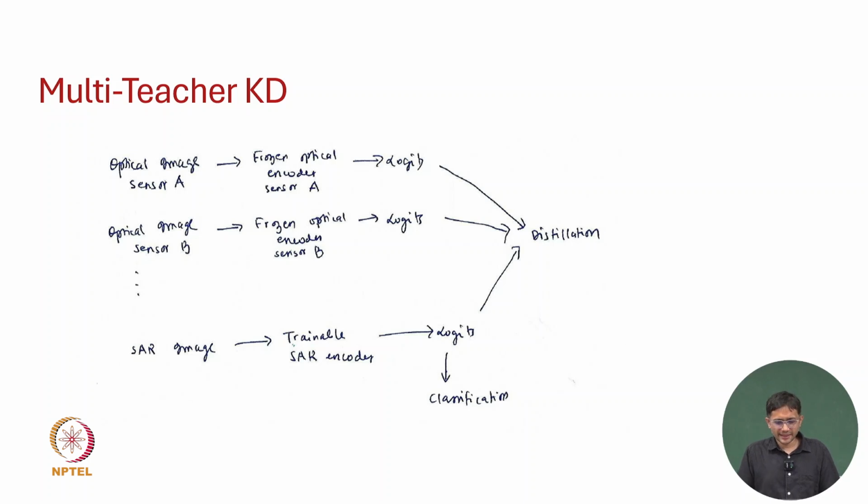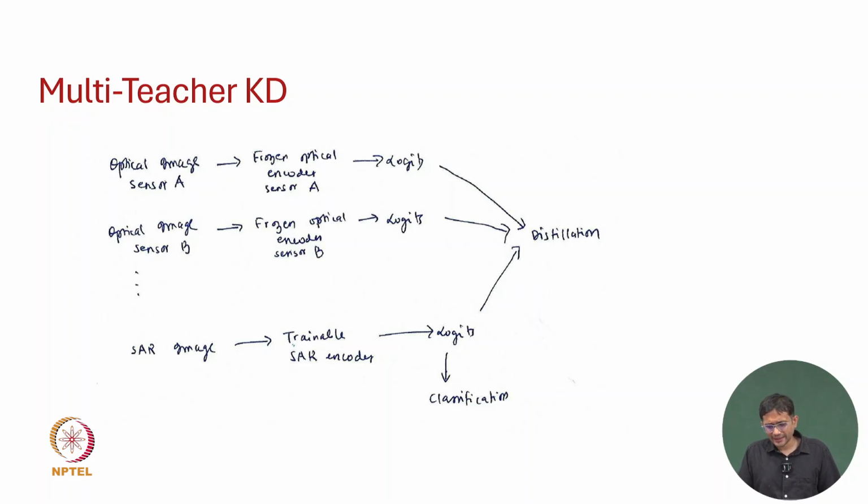Now, interestingly enough, this can also be converted to a multi-teacher knowledge distillation. You can always say that I don't have just one type of optical images. I have a number of optical sensors and a model for each of them, or even optical and another SAR sensor for which I already have the model, and another type of SAR sensor for which I'm trying to train an encoder, right?